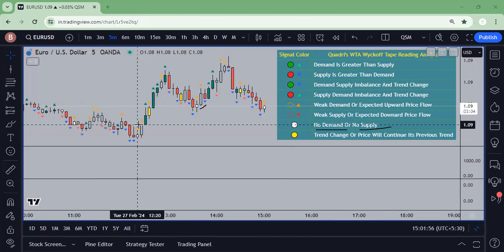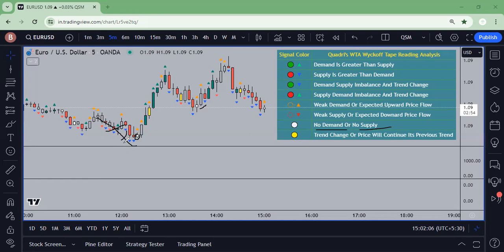Here context comes into play. If we are coming down and this white candle forms, that means this selling is finished and there is no supply. Here also no supply, here also no supply.